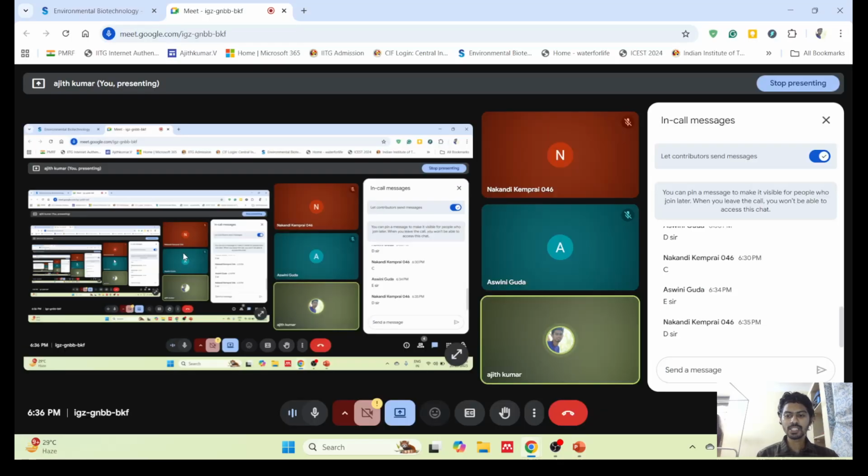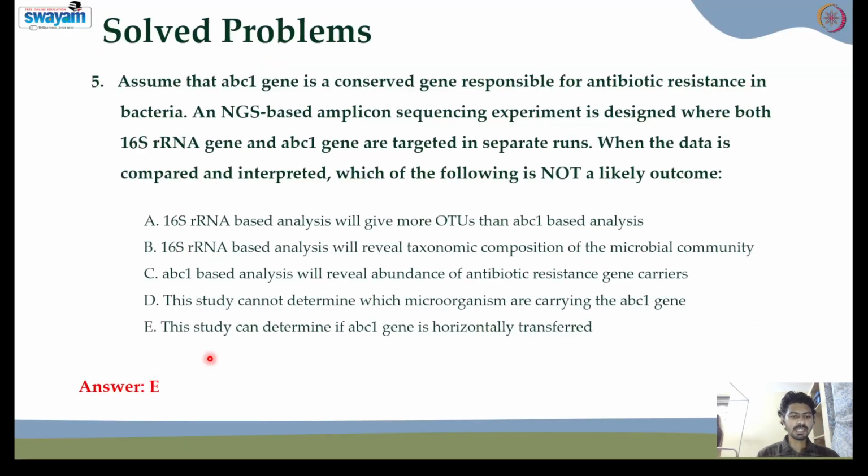It is option E. This study can determine if ABC1 is horizontally transferred. So this is the not likely outcome from the experiment.